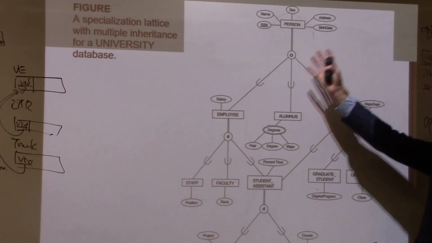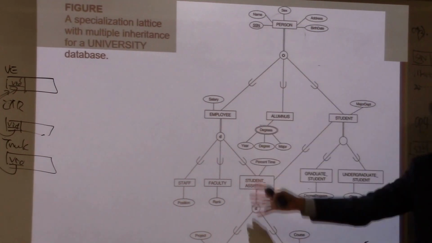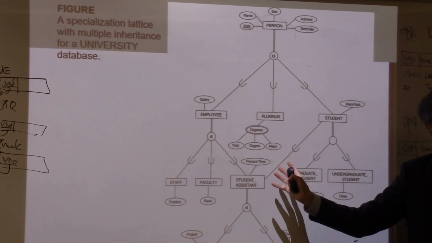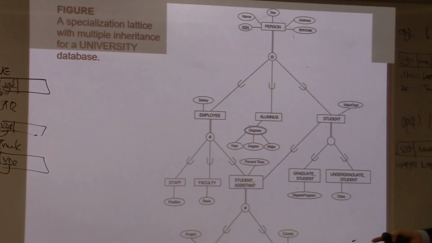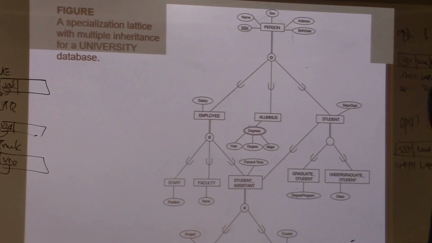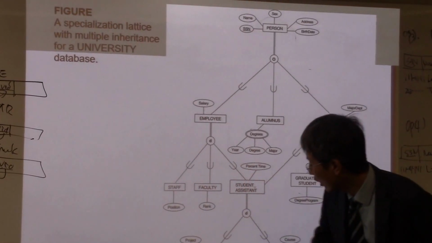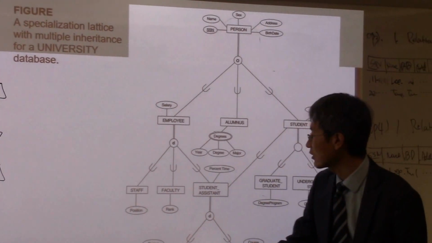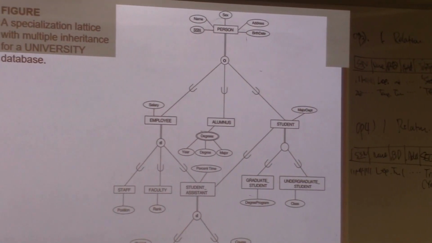So this is a very extreme case. You may not see such a case, but if you can understand this one, you understand all these 4 options. So RA flag, TA flag is created by converting the student assistantship to this one.